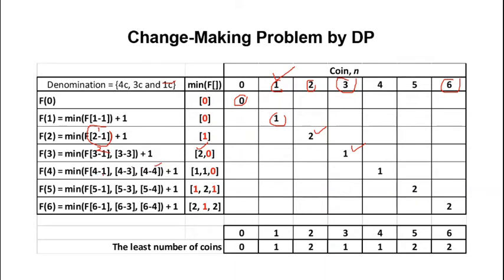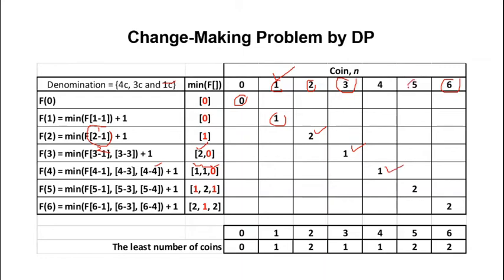So 4 minus 1 is 3. We have already solved 3, return 1. And 4 minus 3 is 1, return 1. And 4 minus 4 is 0, so 0 returns 0, the minimum is 0, and 0 plus 1 is 1.